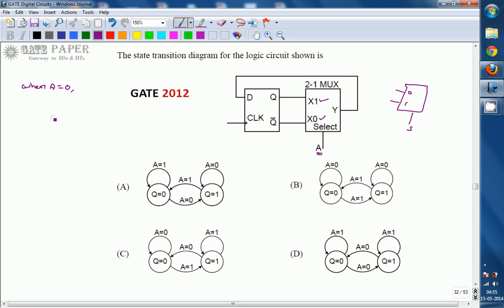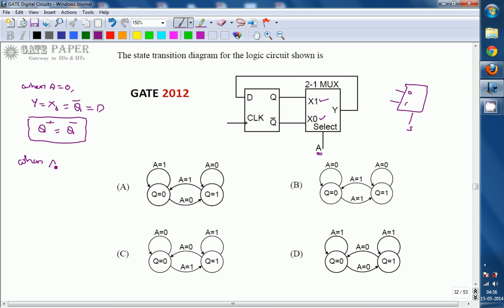So whenever A is equal to 0, y becomes q bar, and this is treated as the D input. So q plus, the next state, is q bar whenever A is equal to 0.